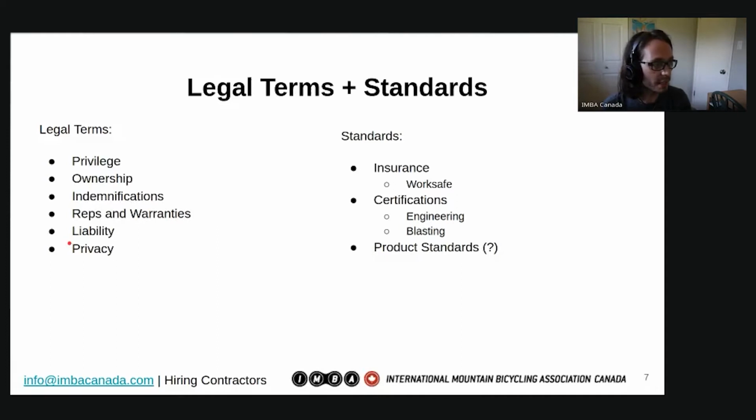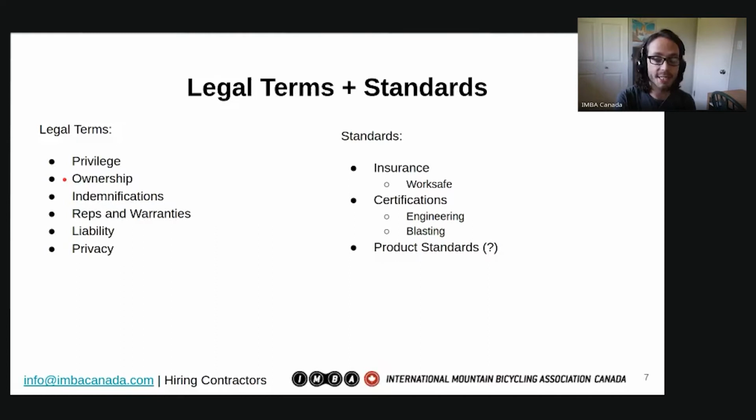Including things in the statement of work that you hope for the contractor, the winning proponent, to agree on will be things like the legal terms, including privilege, and that in particular relates to the RFP process, giving somebody the privilege of deciding whether they're going to engage in a contract after the process. Ownership of the final product.